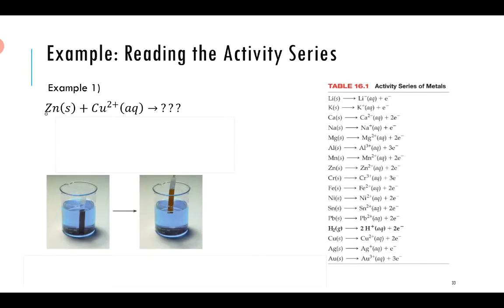So let's find Zn solid. And so here is Zn solid. Zn solid is on the reactant side, and it would turn into zinc 2+ aqueous plus 2 electrons, which is oxidation.